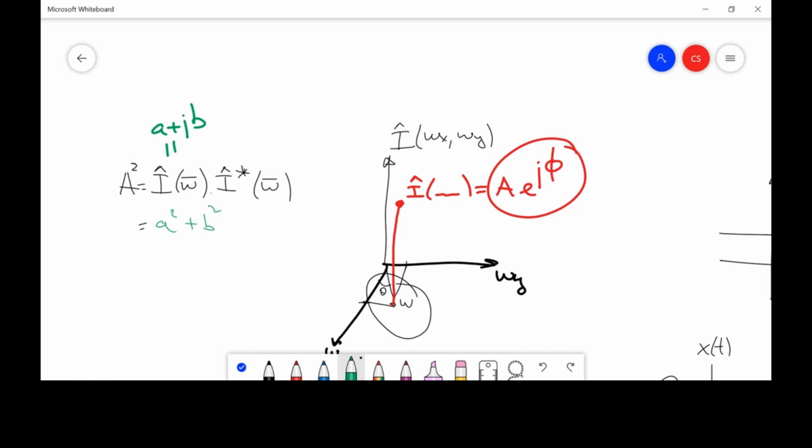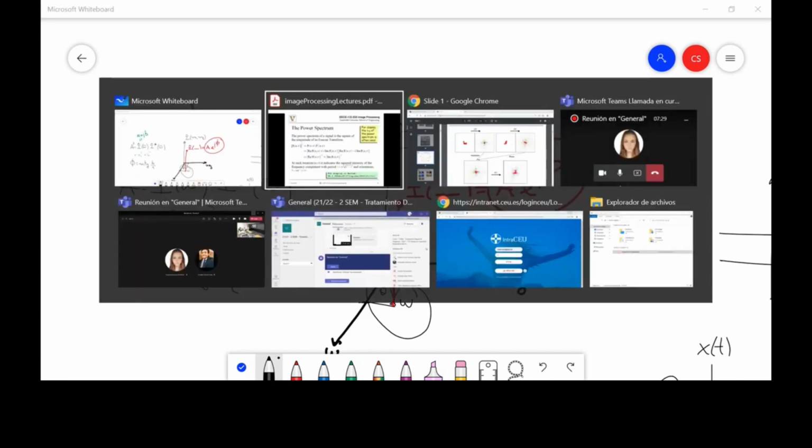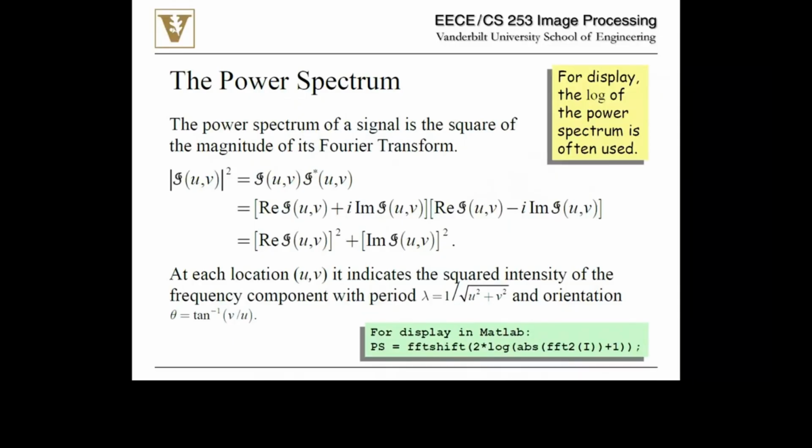And just to be complete, how do you compute phi? Phi is there. Tangent is B divided by A. But these things, you know. Okay, so then, this is a reminder again of the same ideas of before.